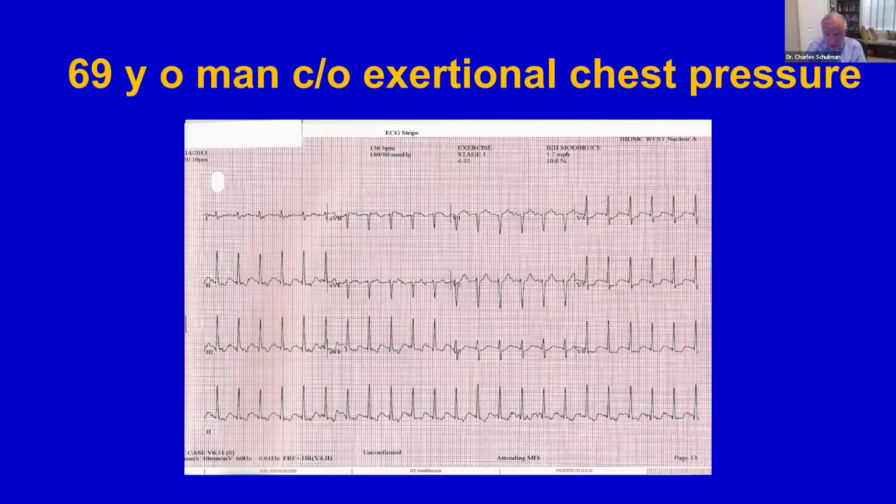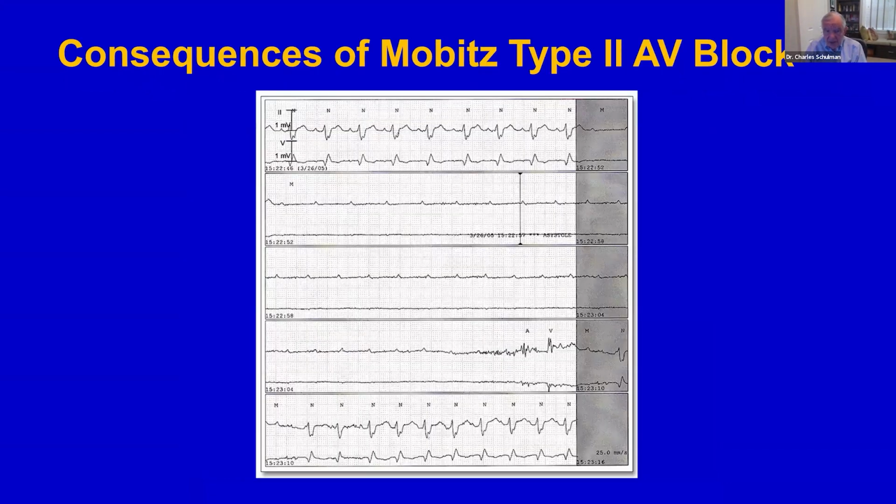Having a patient exercise a little should improve conduction in type 1, whereas this is what can happen with Mobitz type 2, which is why we put pacemakers in these folks. Here are PR intervals all the same until there's no conduction that goes on and on and on, and then resumes.